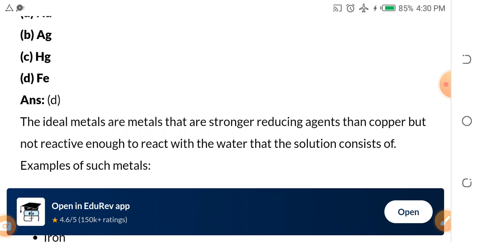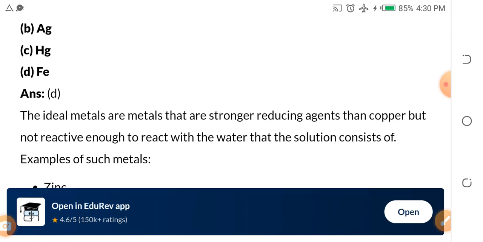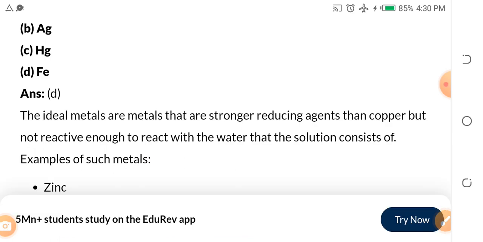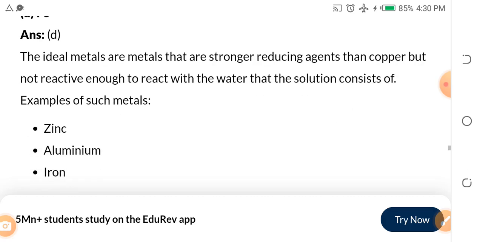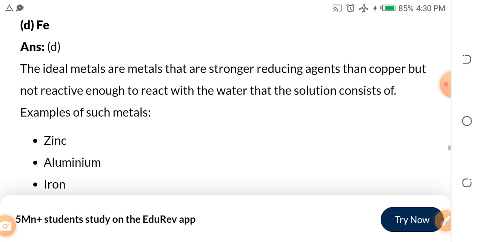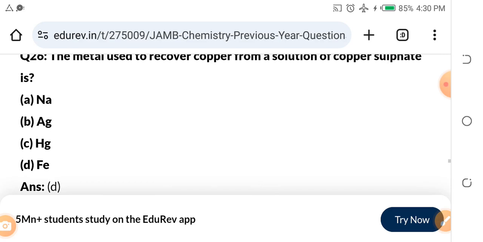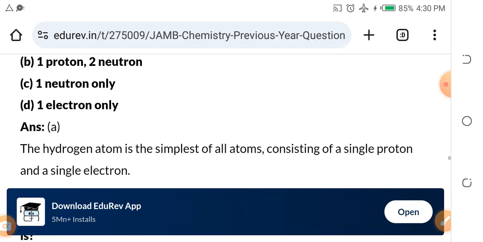The answer actually is D. The ideal metals used are those that are stronger reducing agents than copper, but not reactive enough to react with the water that the solution consists of. Examples of such are zinc, aluminum, and iron. So the answer here is iron, that is Fe. That is for 26.